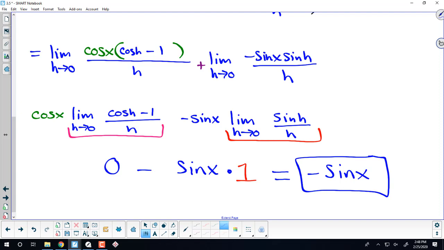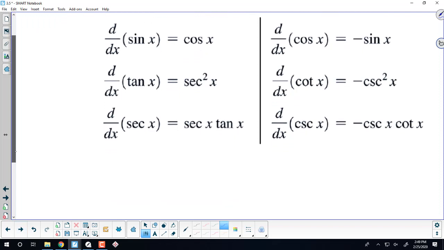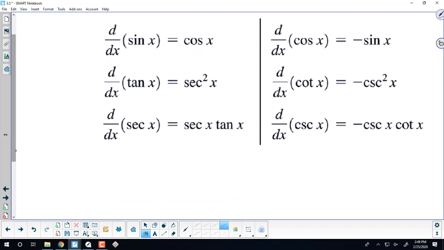We do the same thing for sine, and when we find the derivative of tangent, we write it as sine over cosine and utilize the quotient rule, as for the other 4 trig functions. Okay, so there are the derivatives of our trig functions. You get all 6 of them if you can remember the 3 on the left.